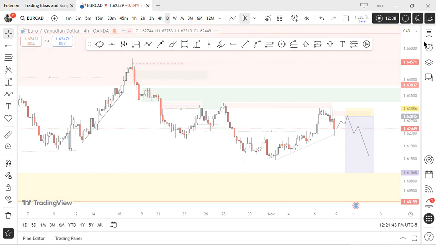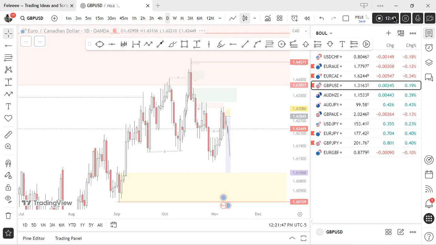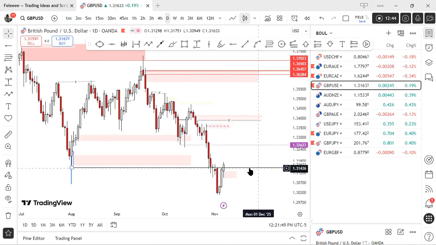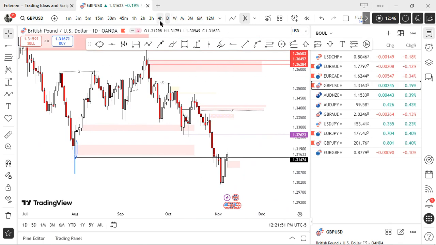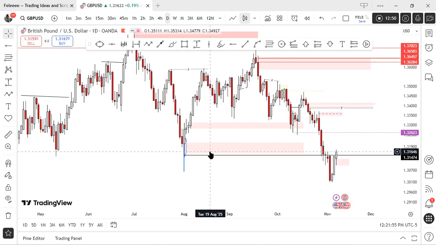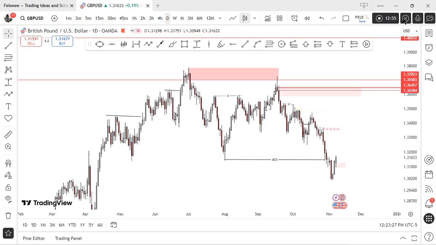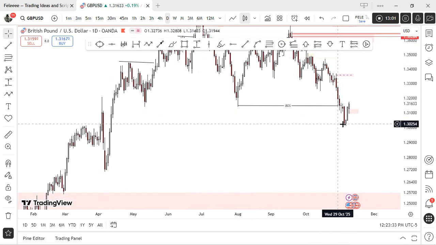Let me jump to another pair, GBPUSD. On GBPUSD, price managed to create a break of structure.